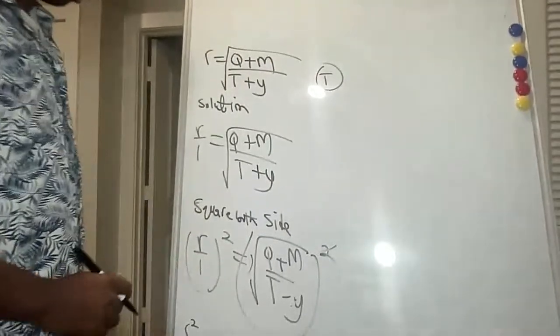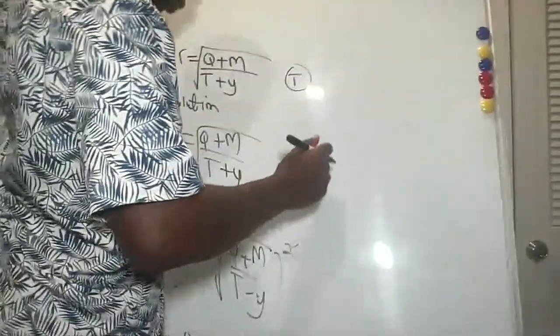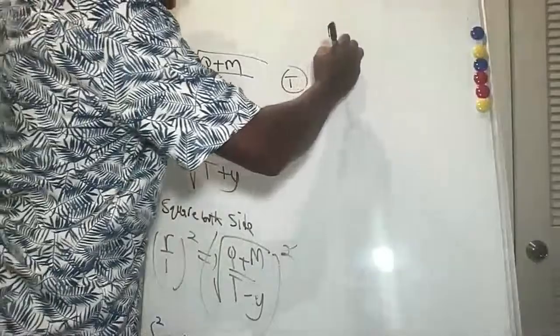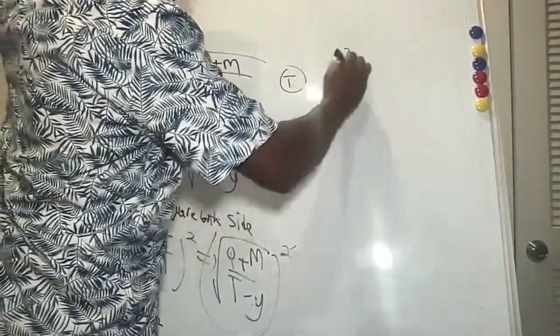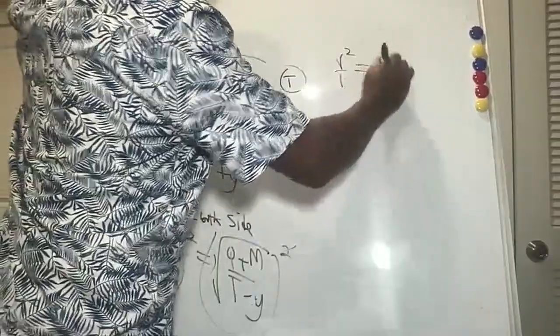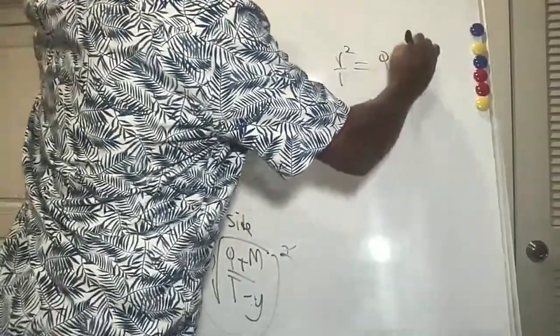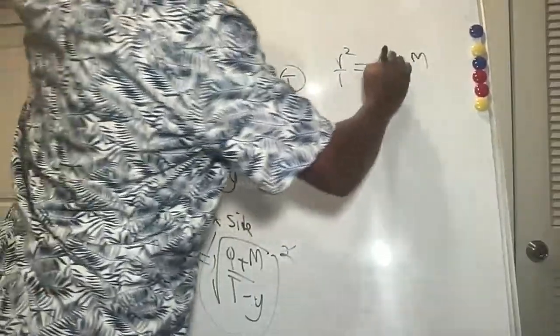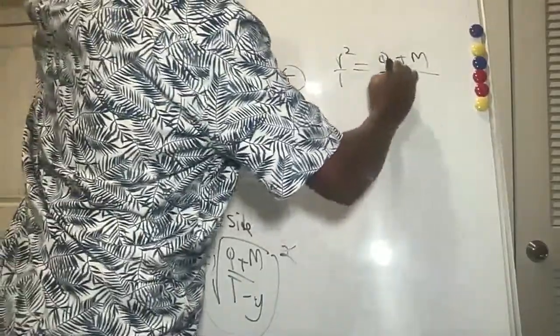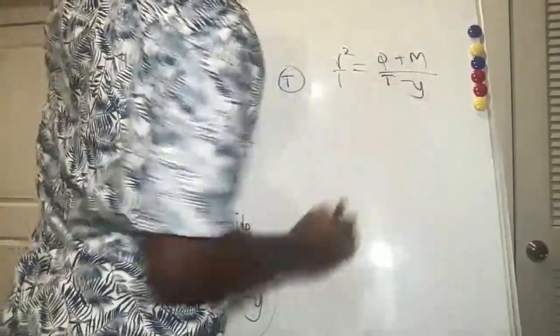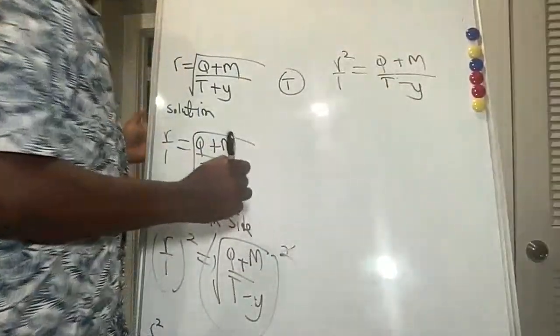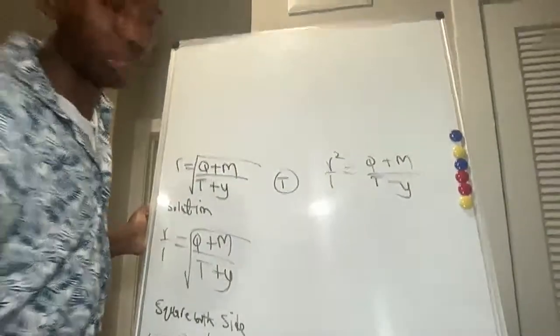So we have r square over 1 is equals to q plus m over t minus y. So the next thing we are going to do, we have to cross multiply.